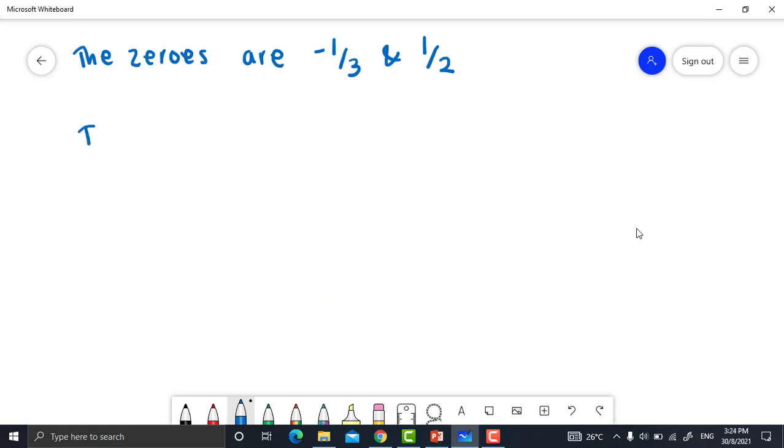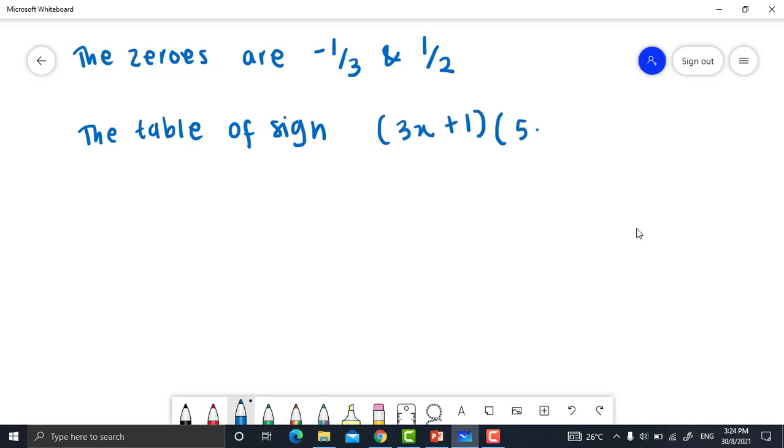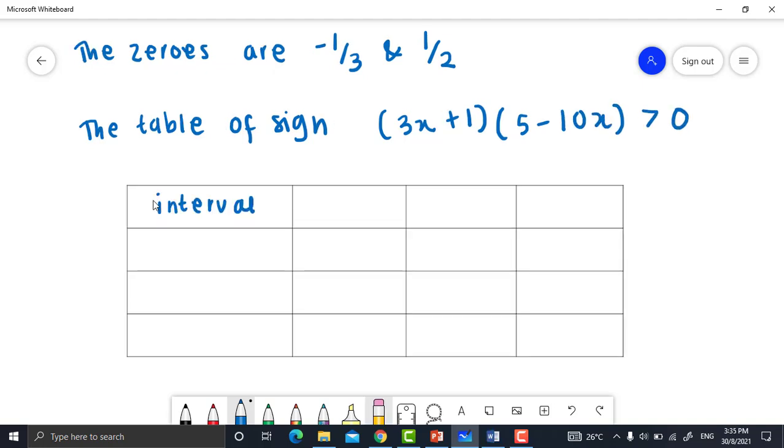Next, construct the table of sign for 3x plus 1 multiply 5 minus 10x greater than 0. Since the zeros are -1 over 3 and 1 over 2, the intervals start from -infinity to -1 over 3, followed by -1 over 3 to 1 over 2, and then the last interval from 1 over 2 to positive infinity.